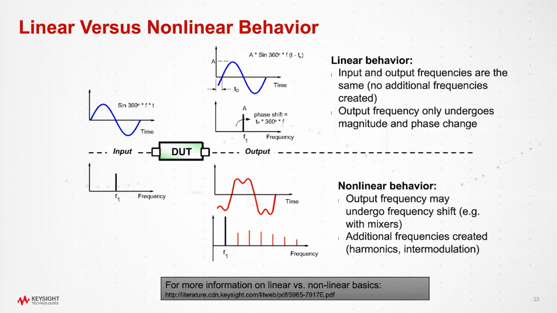So at a high level, we have two kinds of devices, linear and nonlinear. Linear devices, as the name suggests, have a linear output with respect to their input, and nonlinear devices have a nonlinear output with respect to their input. The nonlinear behaviors, we typically see as compression or clipping, and that can generate harmonics.